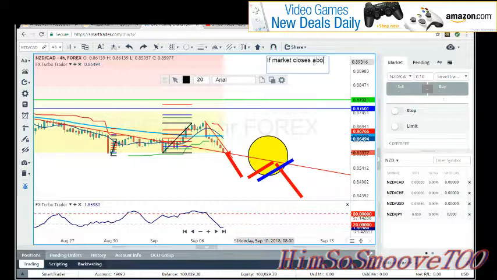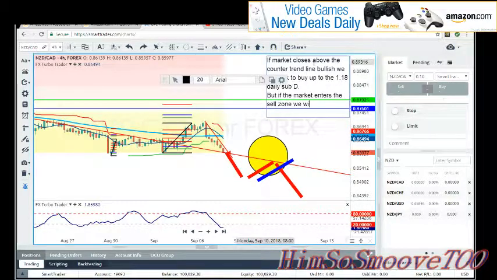Okay, if market closes above the counter trend line, bullish, we will look to buy up to the 118 daily sub D. But if the market enters the sell zone, we will wait.